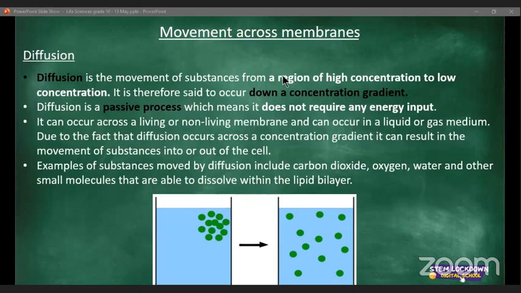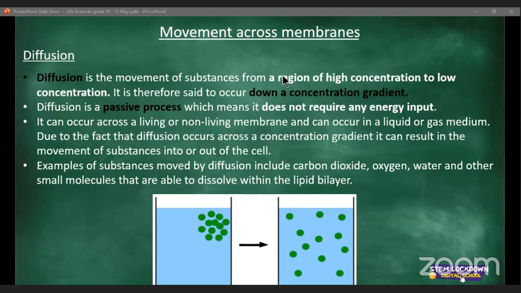So it evenly spreads around the room. If you're spraying in a room, from where you're standing there's a region of high concentration and it spreads around until it is evenly spread. So it spreads to lower concentrations. Oxygen and carbon dioxide in our lungs. Thanks for that. That is a nice example.